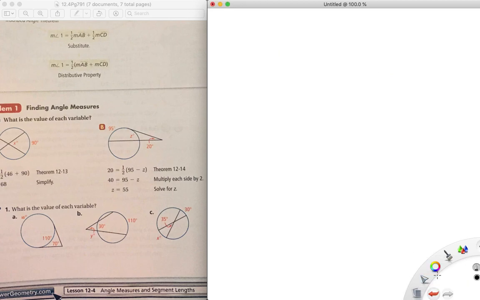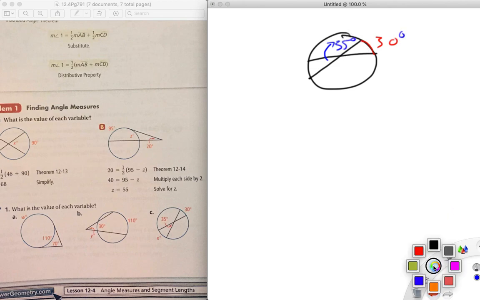And then C, we have that this guy here is 30. This guy is 35.